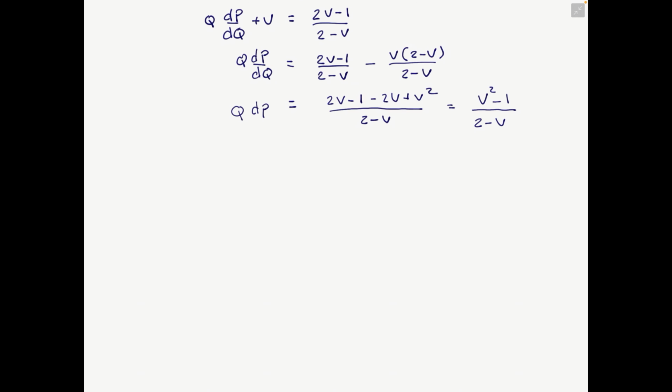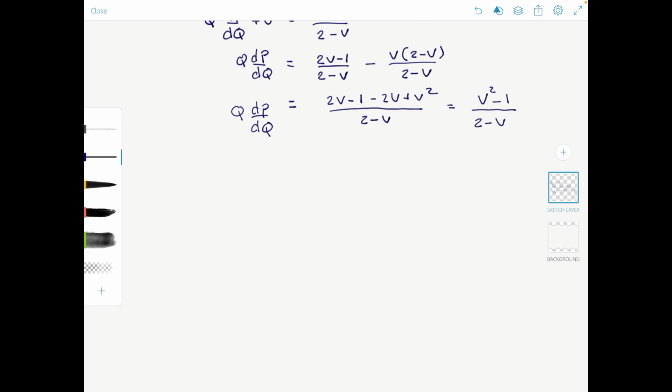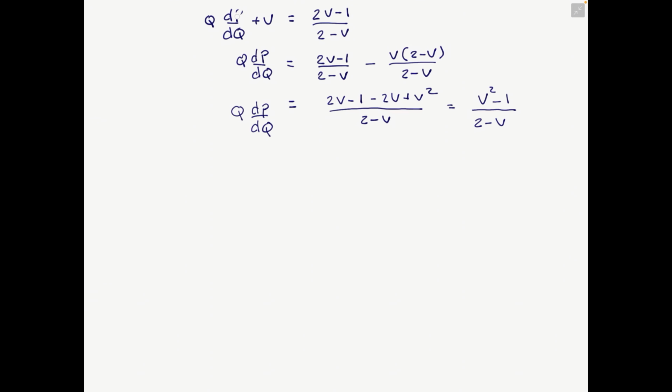So, q dp dq. Now we bring things over. What did I do? I did this incorrectly. This is dv dq.